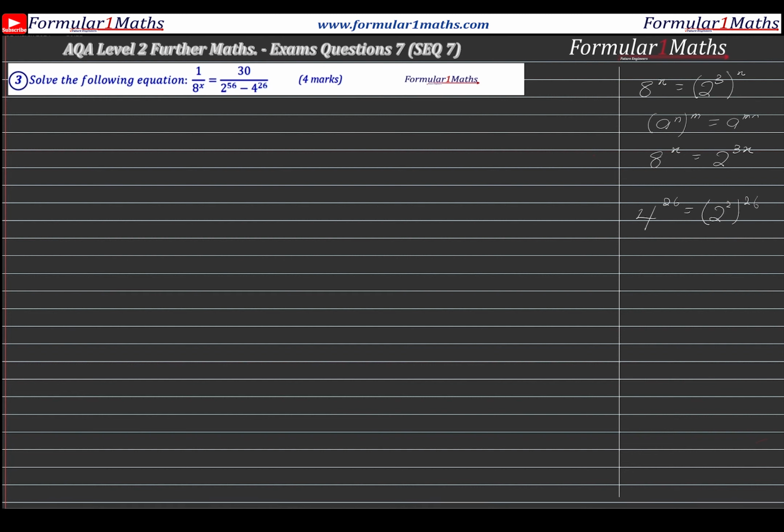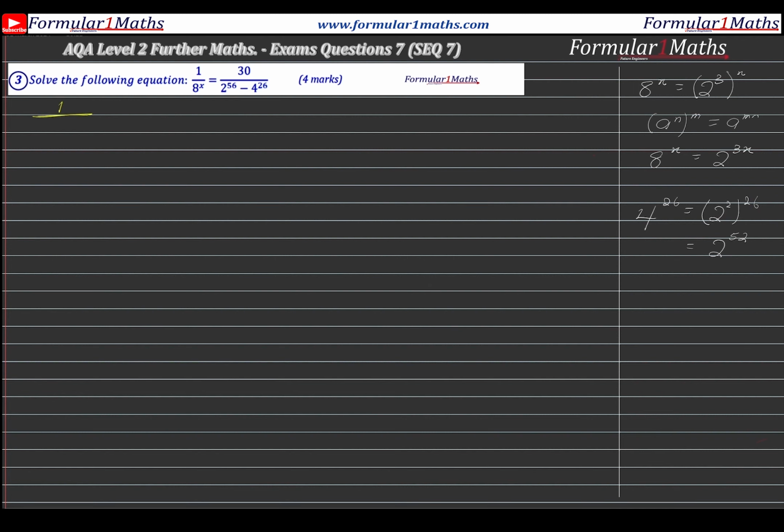And using the same rule here, I can write this as 2 to the power 52, because 2 times 26 equals 52. So I'm going to go back to the equation and rewrite it as follows.